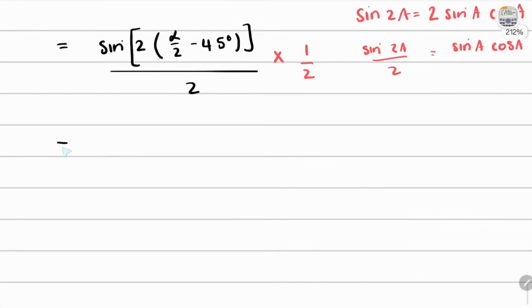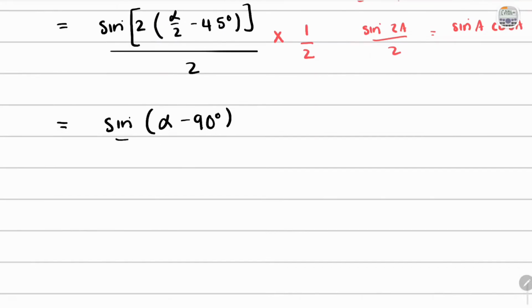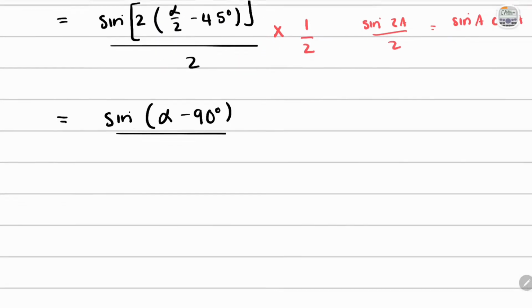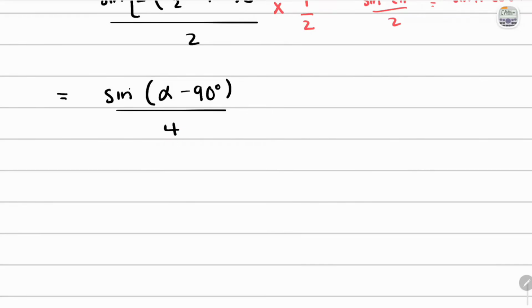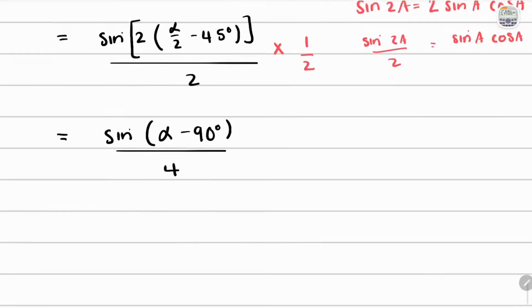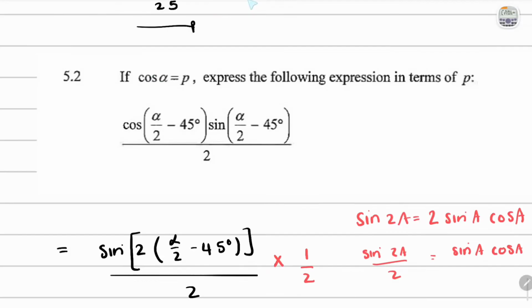So this is equal to, and we'll have sine, and we can distribute here because this is the number that multiplies into the angle. So this is going to be sine, and those multiply and become alpha, and those multiply and become negative 90 degrees over, and you see that it's just numerator times numerator, denominator times denominator, so that becomes over 4.